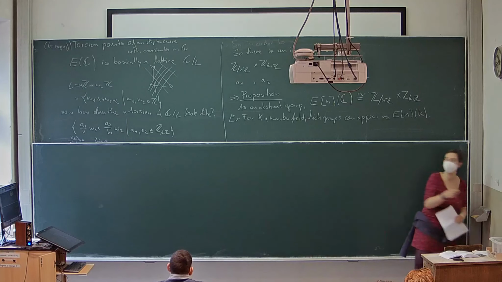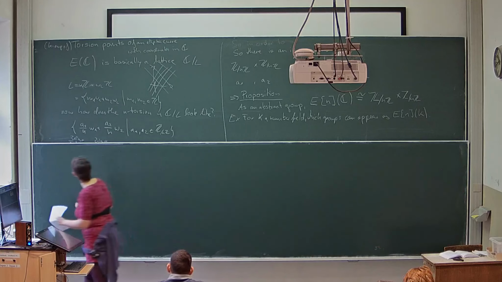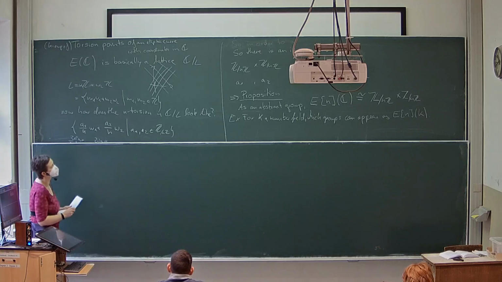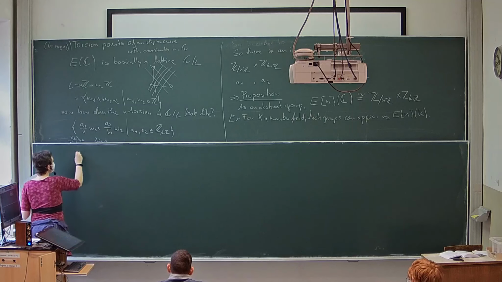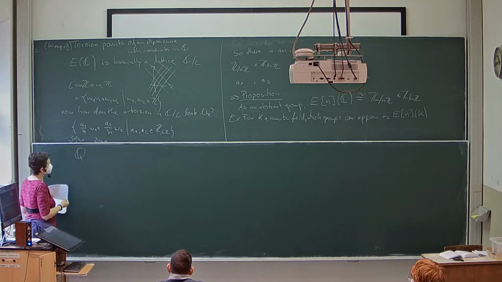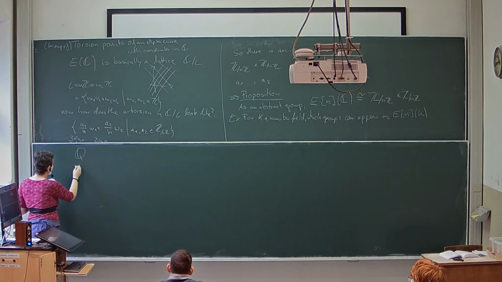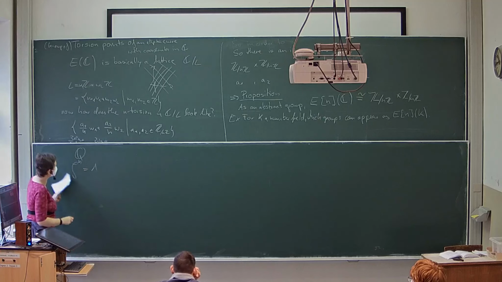What you probably heard on Monday in the exercise lesson can also be transformed to elliptic curves. So in Q you can look at roots of unity. So let zeta be a root of unity.